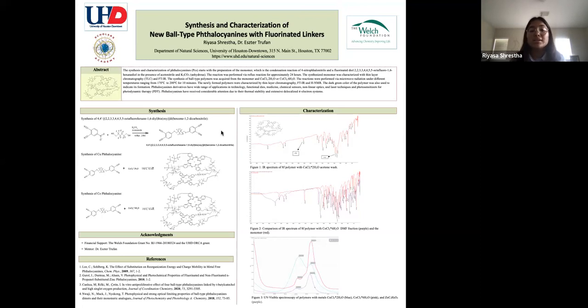That is the peak for the C≡N triple bond, which shows up in the monomer. We want the monomer to be consumed during the reaction, so in the purple peak for the ball type, the monomer peak will not show up at all, or there will be a very less intense peak left in the IR, which can be seen here.